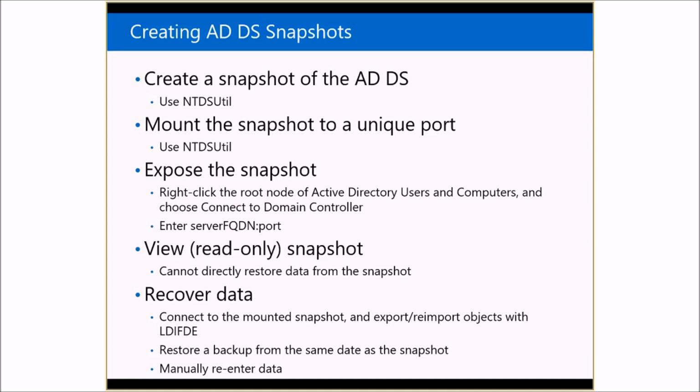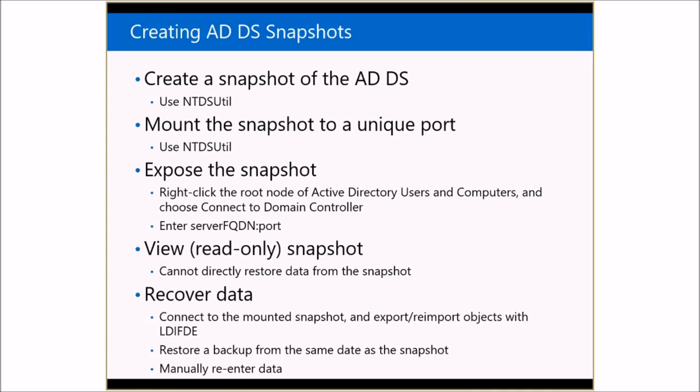So what does that mean? It means that Active Directory normally runs on a certain port, but if we mount this snapshot and want to interact with it, we can expose it on a different port. So if the normal Active Directory is still working and people are interacting with it on the normal port, on this other port we're interacting with the snapshot of this Active Directory.